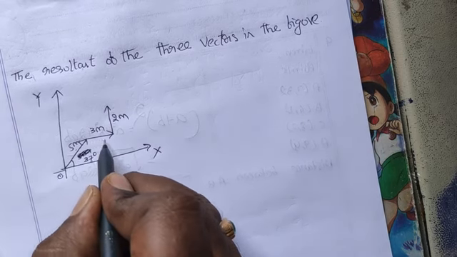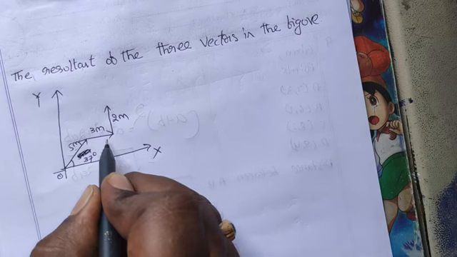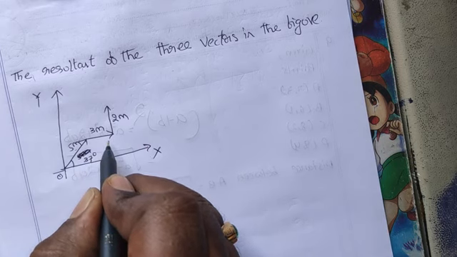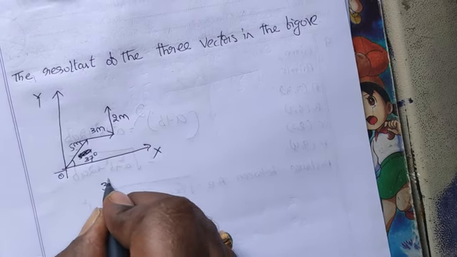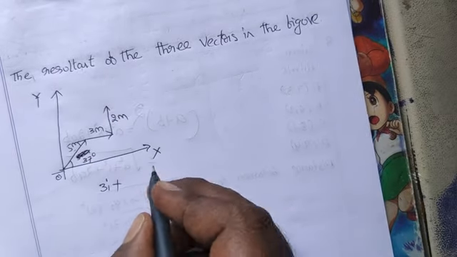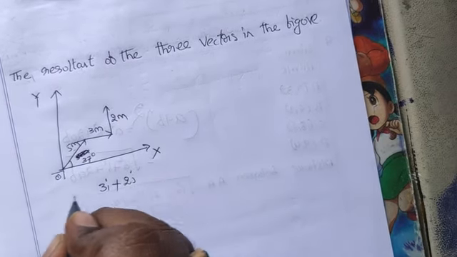If you observe here, whenever it is moving horizontal, according to the Cartesian coordinate system, along the horizontal we should take as 3i, and here it is moving vertical, so along the vertical we have to take 2j.